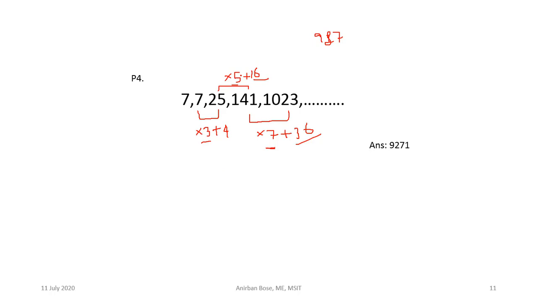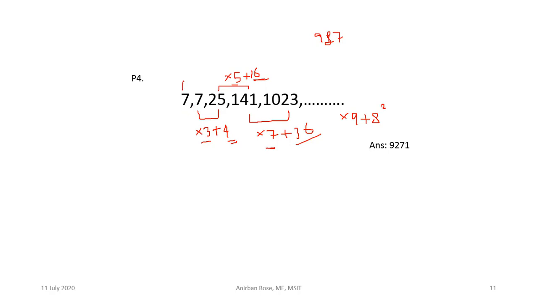Okay, 3, 5, 7 like that, and the summation factors are squares of 2, squares of 4, squares of 6, right? So what is the next term? The next term probably will be multiplied by 9 and plus 8 square. So if you do that, you will get the answer.